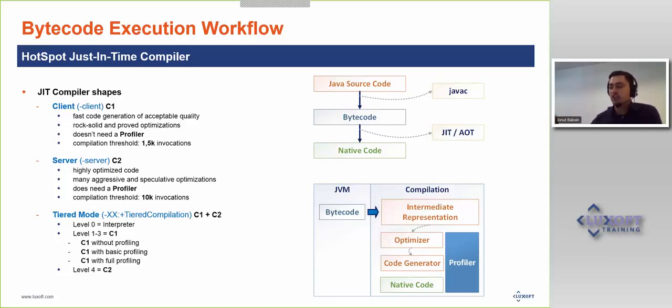If that check condition is valid, it's fine, I continue. The C2 compiler needs a profiler. It does a lot of profiling during the runtime, and for that, a method needs a higher threshold in order to be compiled in server mode.